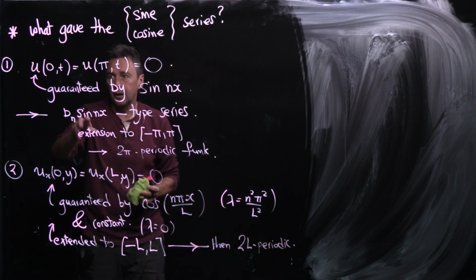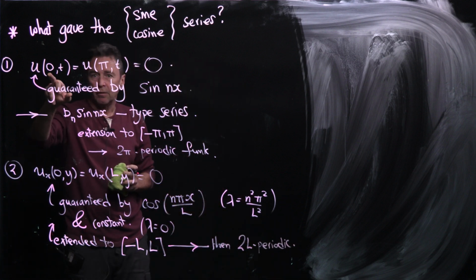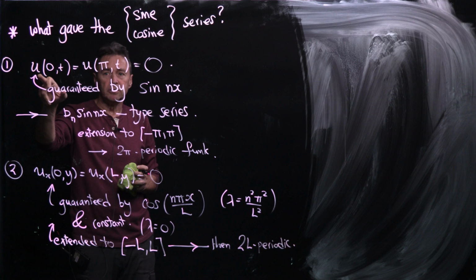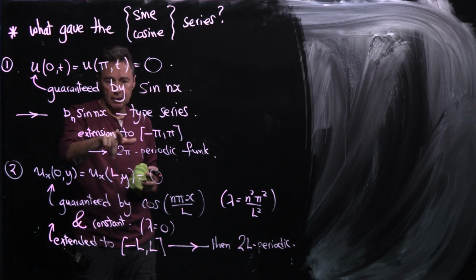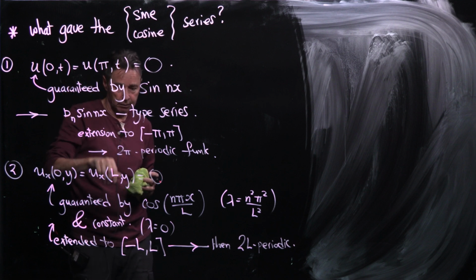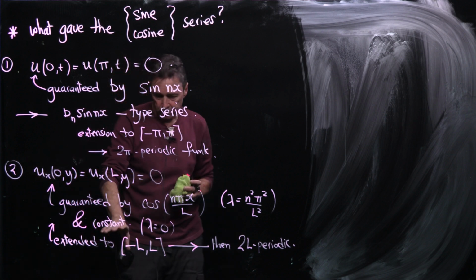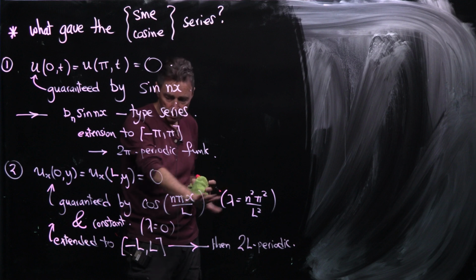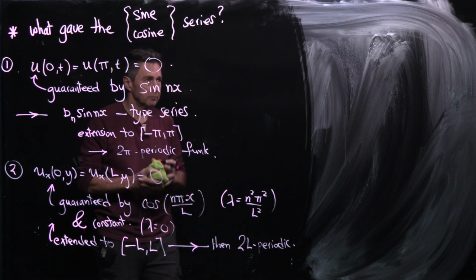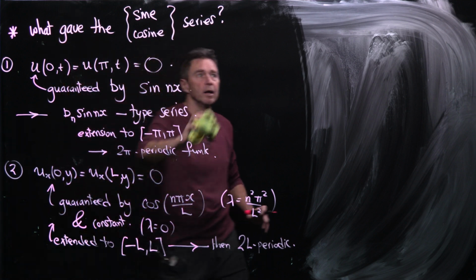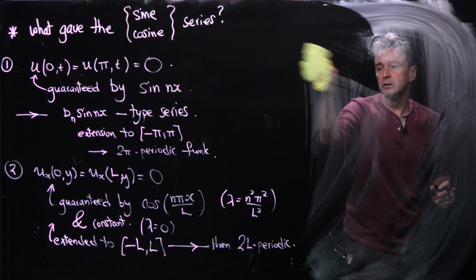So when I look at the boundary conditions, there and there, if the solution u itself must vanish, then I end up with a Fourier sine series, and the period is twice that. If I've got derivative conditions, I end up with the cosine and the constants, and the period is twice that. That's where that came from. It's not the PDE, it was the boundary conditions.